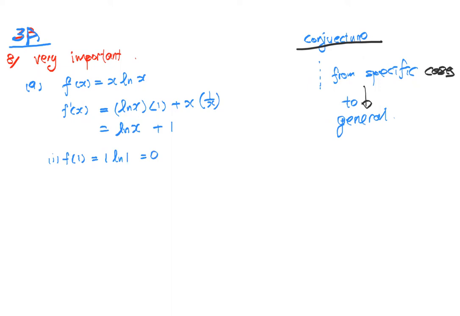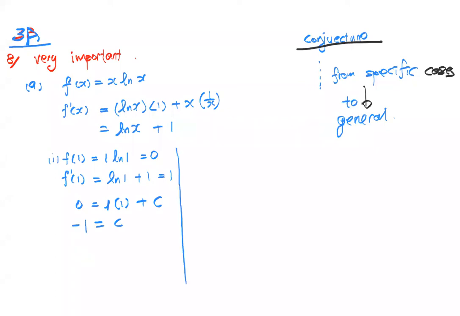Then I look for f prime 1, so it's ln 1 plus 1, which is equal to 1. So I put into y equals mx plus c, and I got c as -1.